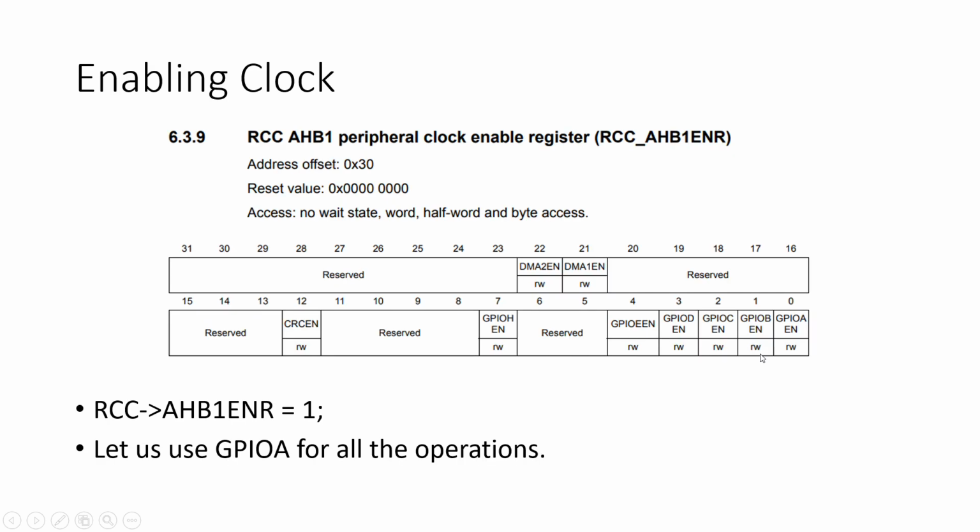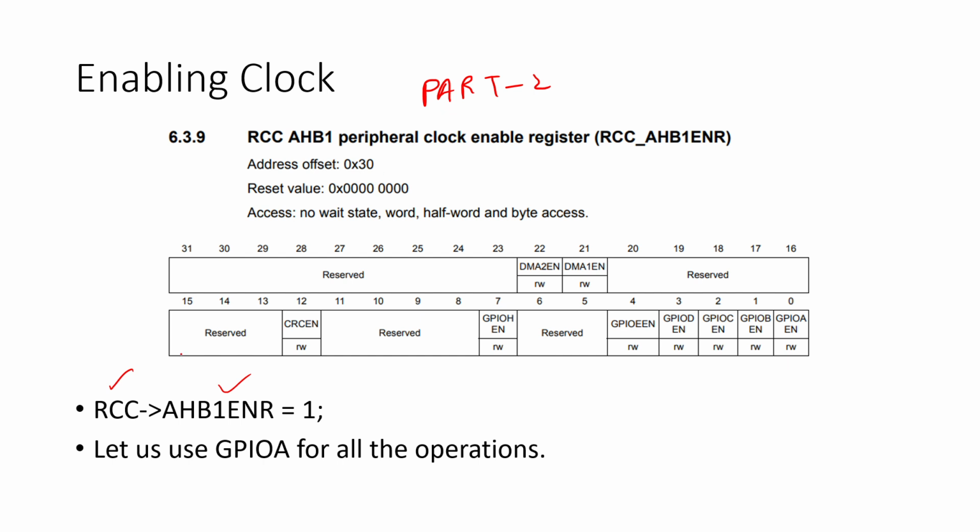So further we will be seeing how to enable the clock. As I mentioned in the previous videos, to enable the clock you will be using RCC AHB1 ENR. If you have not seen my previous videos, you can see part 2 of this series, in which I have clearly explained how to write some data into a register and how to enable the clock.